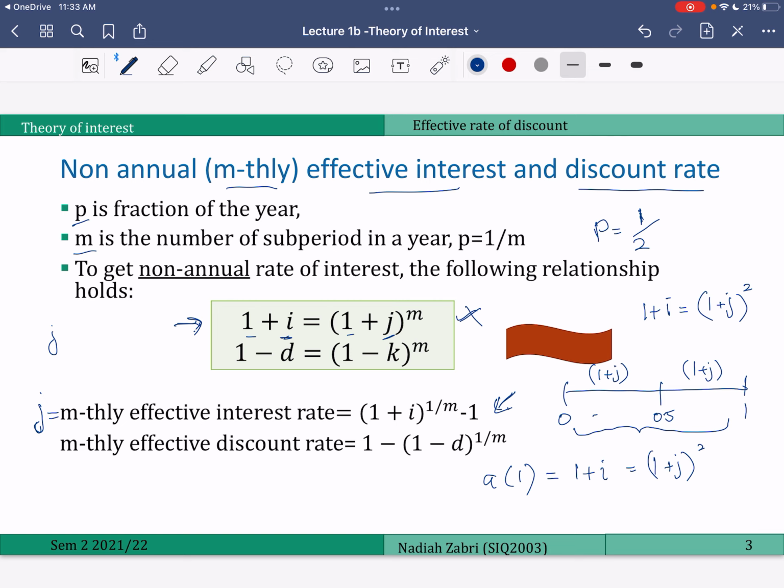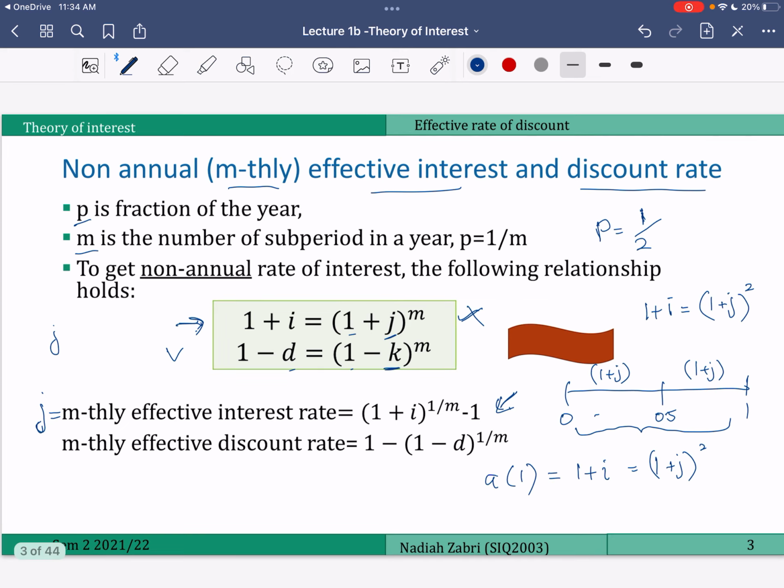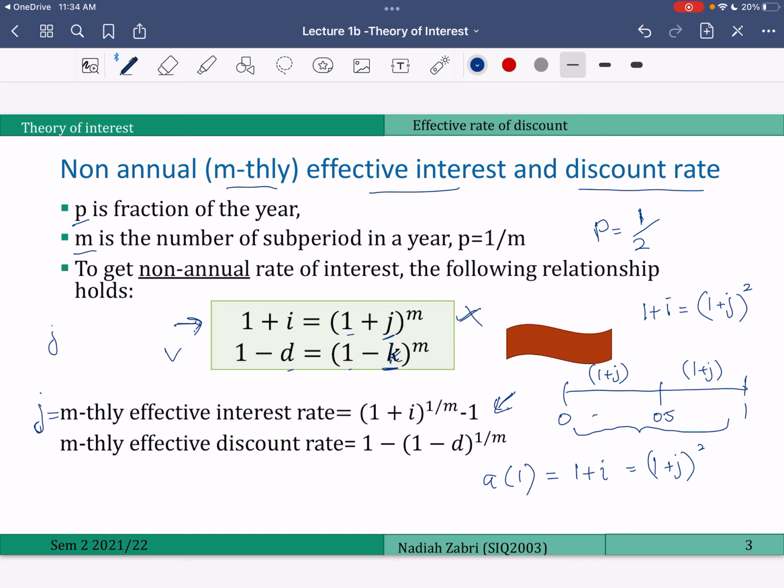Okay. So same goes for the discount rate. Same concept goes for the discount rate. So 1 minus the annual D. If you remember, 1 minus D is the present value factor, right? V. Okay. So 1 minus the annual D is equal to 1 minus the fractional D, or I use the notation K, to the power of M. So yeah, if you want to illustrate, it's the same.